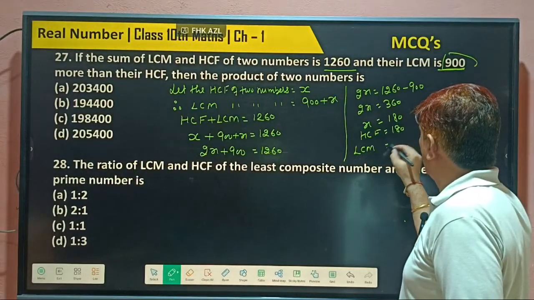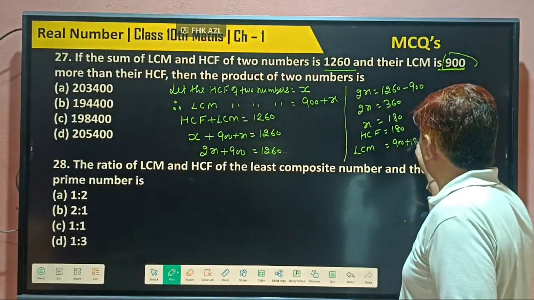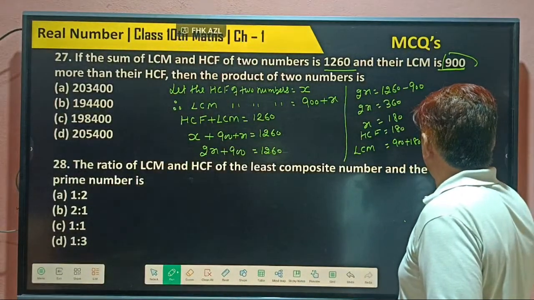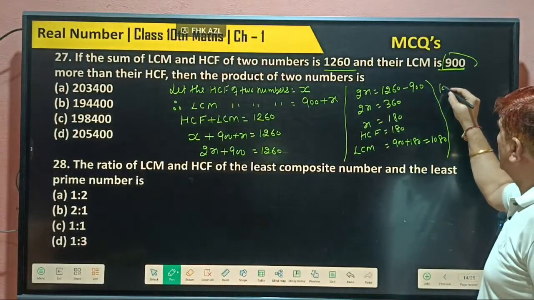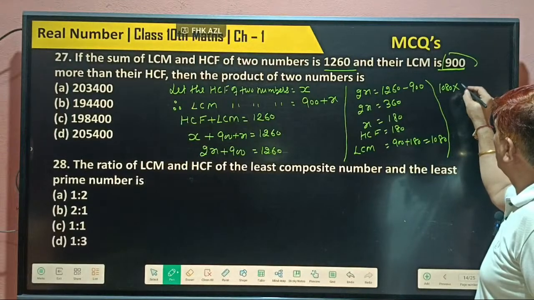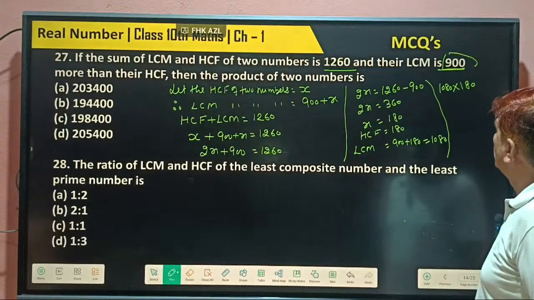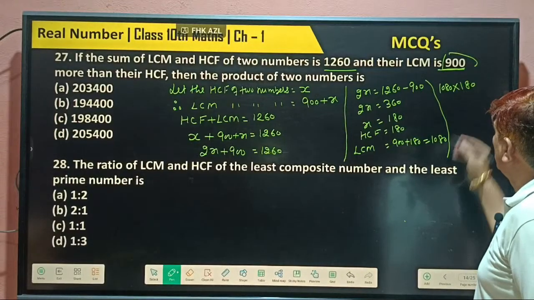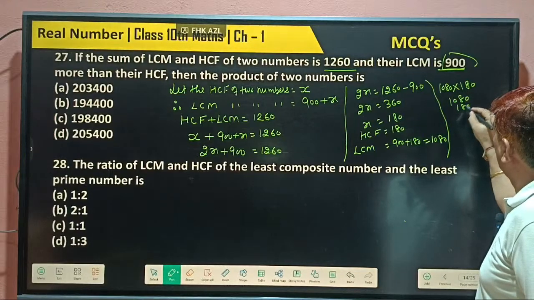LCM is equal to what? 900 plus 180, so 1080. And what's the product? It means 1080 into 180. Understood? So you can multiply 1080 by 180.